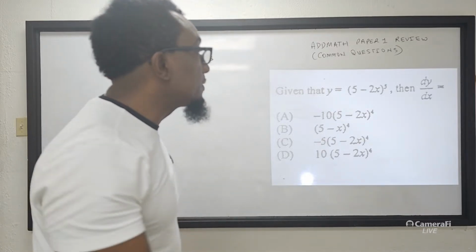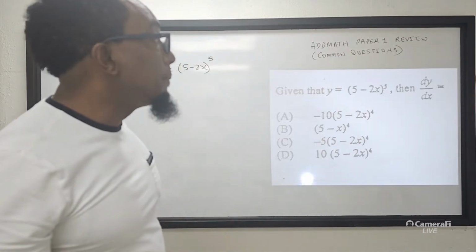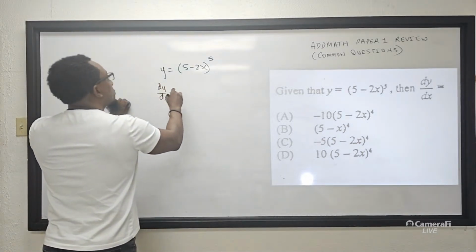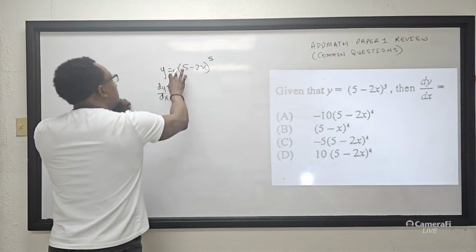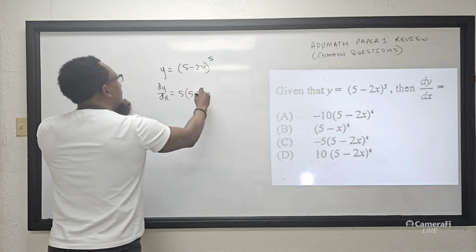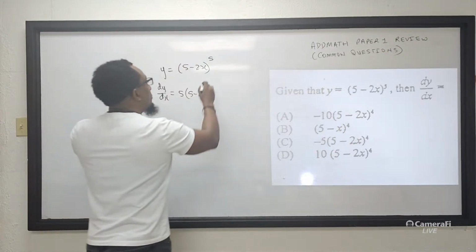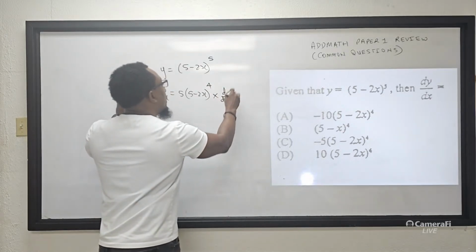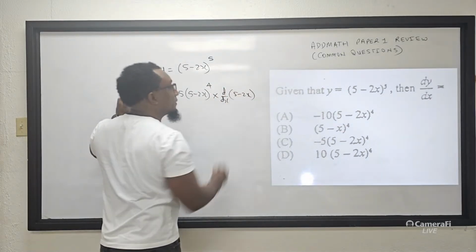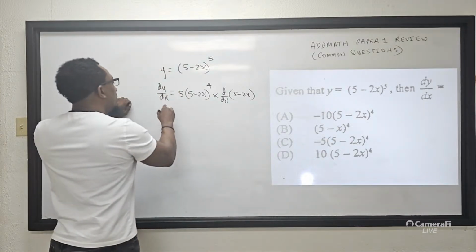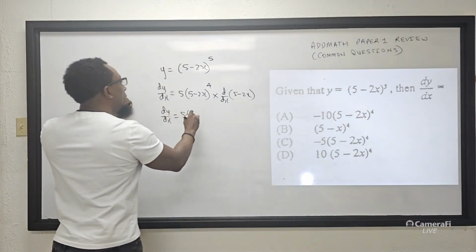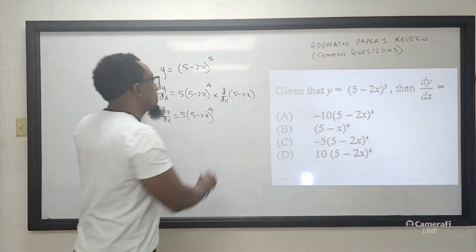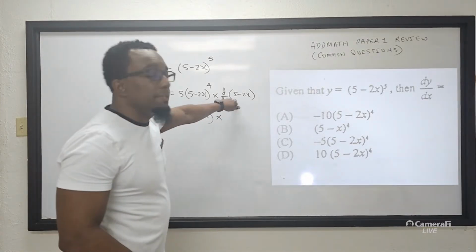So we're going to use the chain rule again. That is a composite function. So dy over dx will be, take 5 multiplied by 1, which is 5, keep 5 minus 2x, subtract 1 from the power, which is 4, using the chain rule, times the differential of what is in brackets. So dy over dx will be 5 into 5 minus 2x to the power of 4 times the differential of 5 is 0.